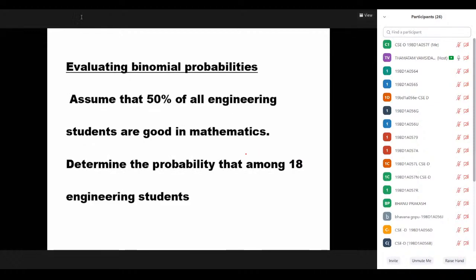Here is one problem we'll discuss now. Assume that 50% of all engineering students are good in mathematics.